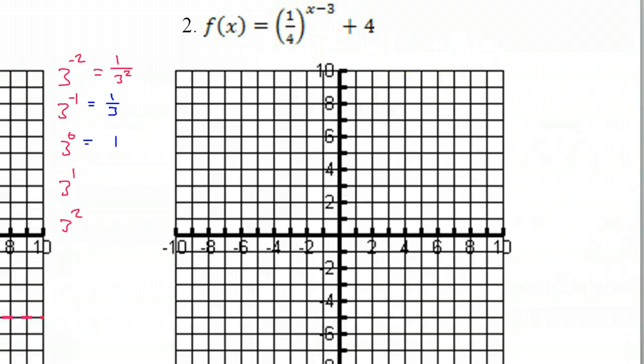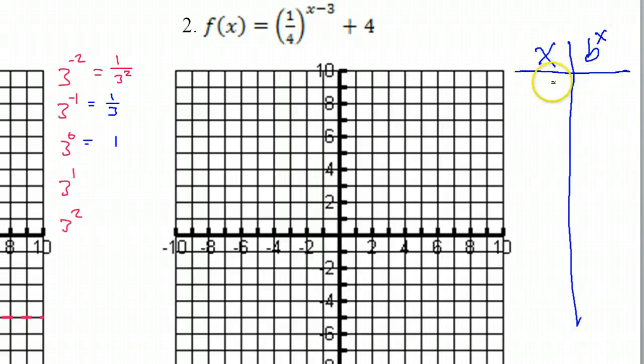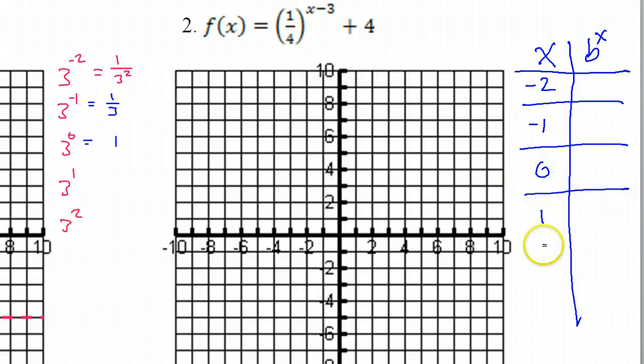So let's make our two columns. This is -2, -1, 0, 1, and 2. We'll just always use those same values.